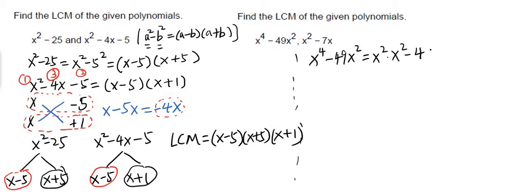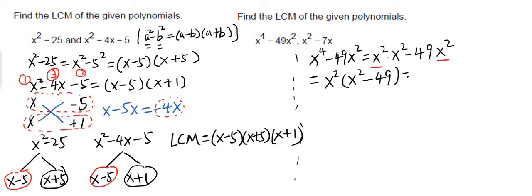Right? So that means we can factor out x squared. Then the left terms will be x squared minus 49.